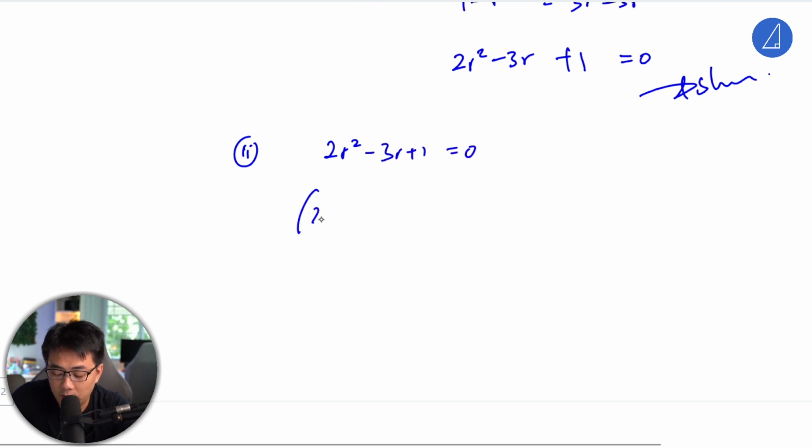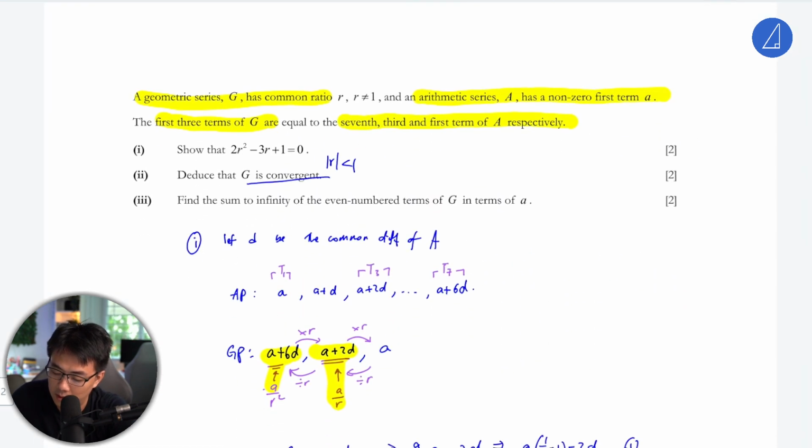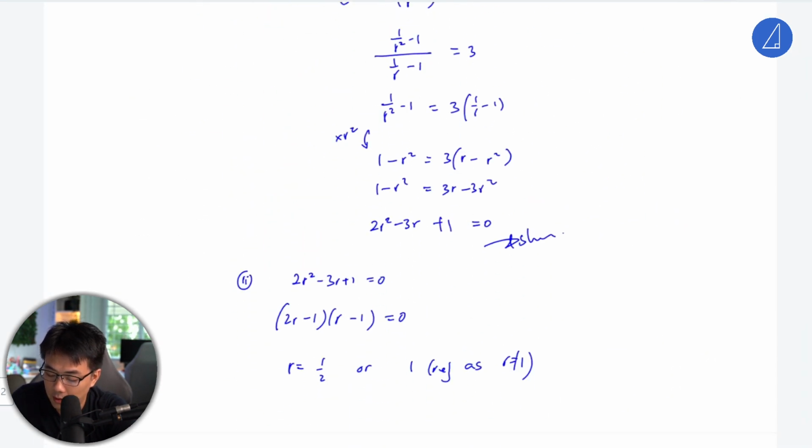What you do is just factorize this, or just key in calculator to find the roots. So it'll be equals to 0. So R goes to half or 1. Reject, as R is not equals to 1. We're told that it's not equals to 1 here. Alright, it's not a constant term.